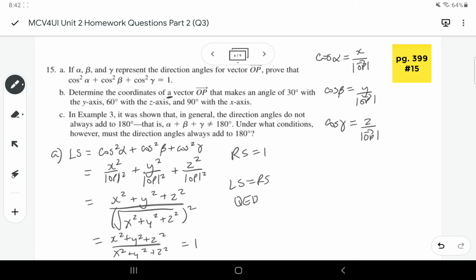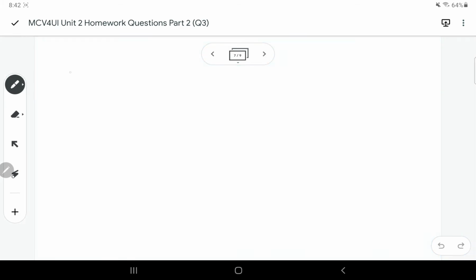So 30 with the y, 60 with the z, and 90 with the x.